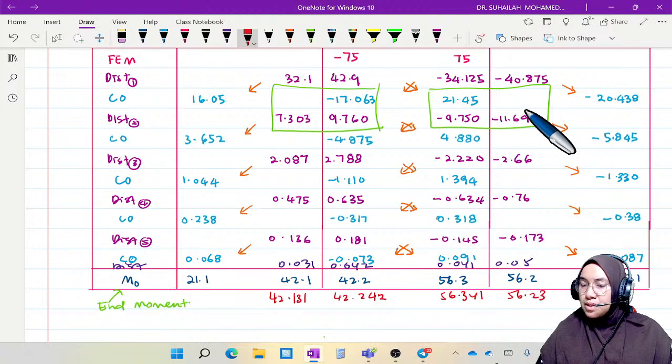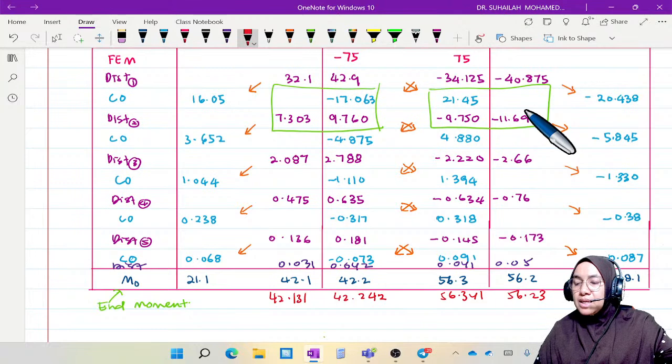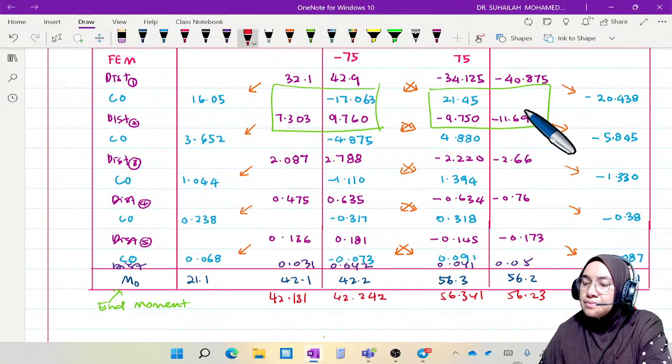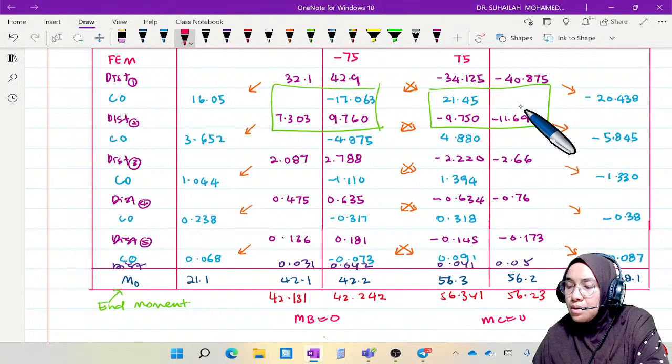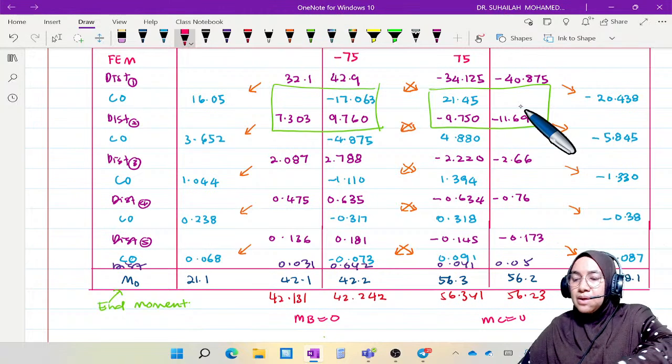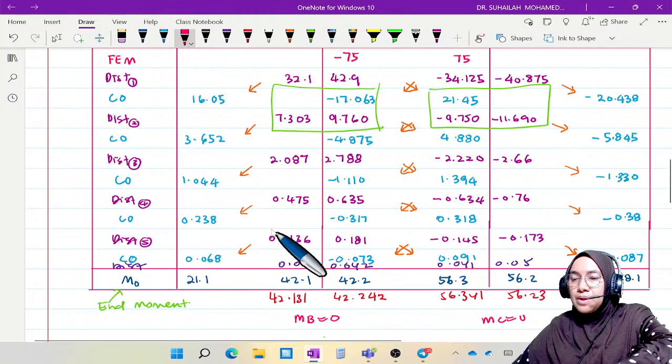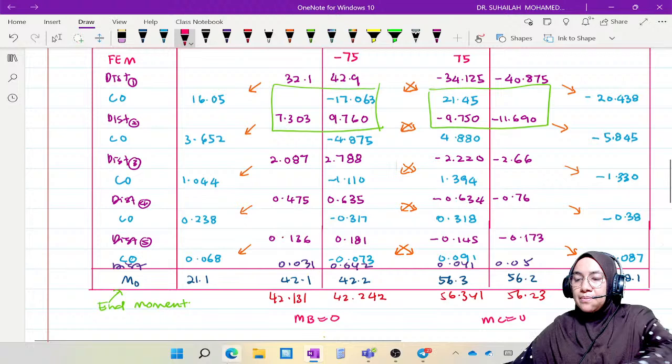Okay, and 28.1. So actually the value must be equal to 0. For example, this MB must be equal to 0, and this MC must be equal to 0. One negative, one positive. So we will check with the Excel first.